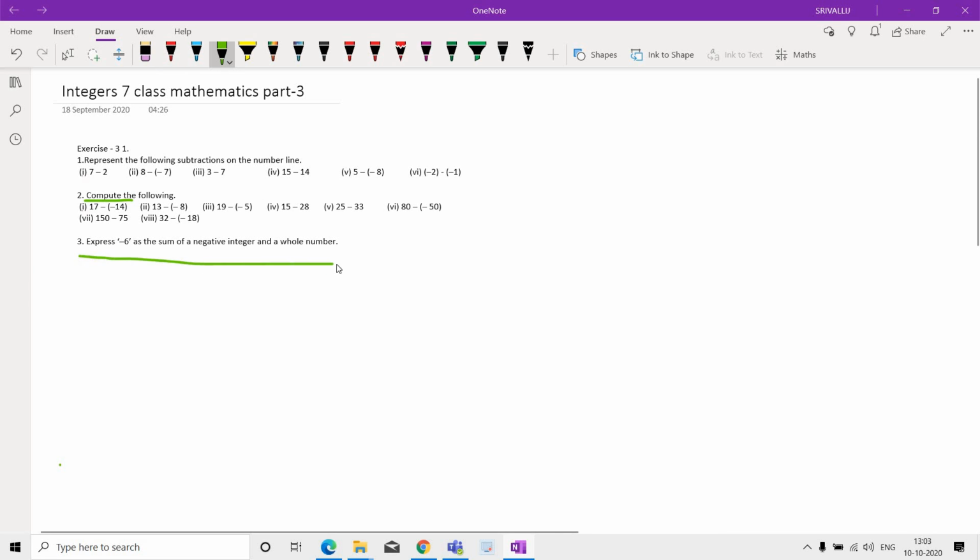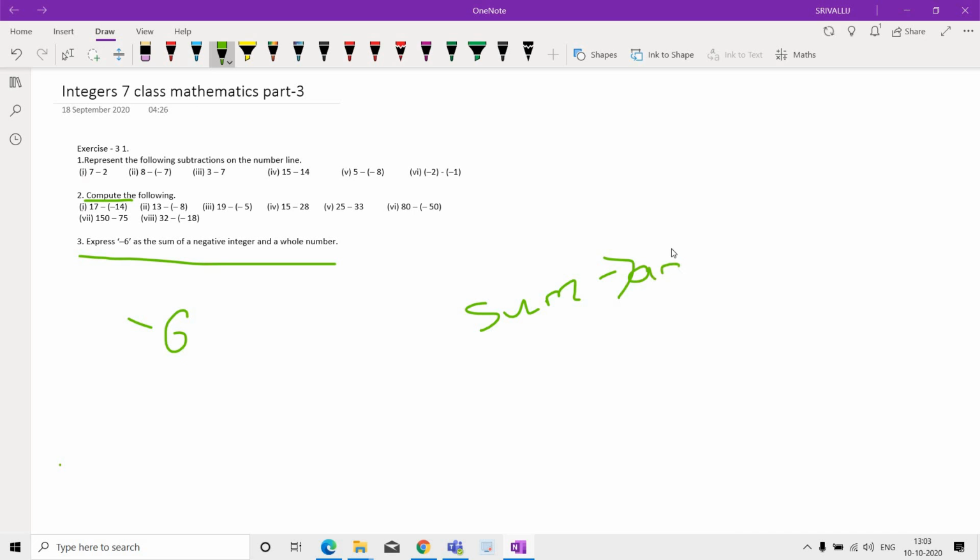Third one, read the question. Express minus 6 as the sum of a negative integer and a whole number. They said express minus 6. Sum means addition.